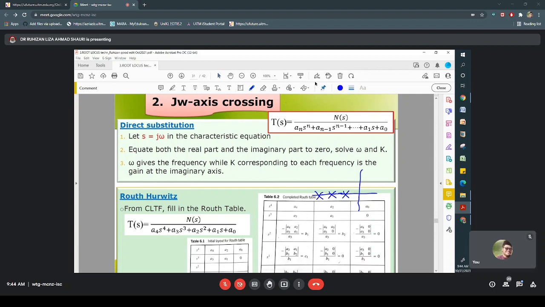This is a bit of revision. The 5 basic rules say that 3 poles, 3 branches. The second rule says that any locus that breaks into the complex space needs to be mirrored, or symmetrical, about the real axis.